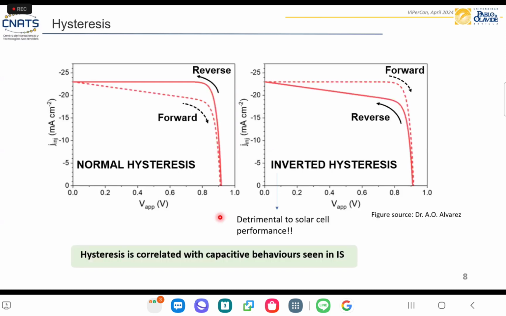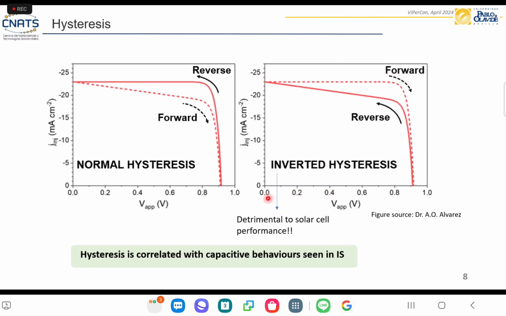So just a brief reminder about the hysteresis that we can have. We normally have, well, sometimes we have the normal hysteresis, which means we have better performance in the reverse scans, which means from the VOC to the short circuit. But we can have as well inverted hysteresis, which means the opposite. We will have better performance from the short circuit to the open circuit scan.